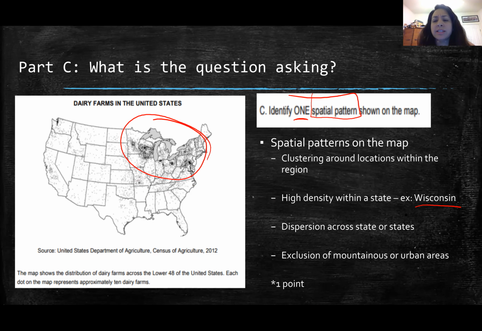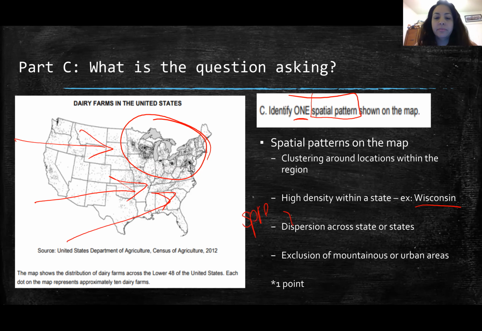You have dispersion across state or states. So maybe you see a lot of them freckled around here or freckled around there, especially like here. You see them just kind of dispersed. Or when we say dispersed, we mean spread out, right? So spread out among states. And then the exclusion of mountainous or urban areas. So you can just logically think of this, you're not going to see humongous, smelly dairy farms in the middle of Los Angeles, in the middle of New York.